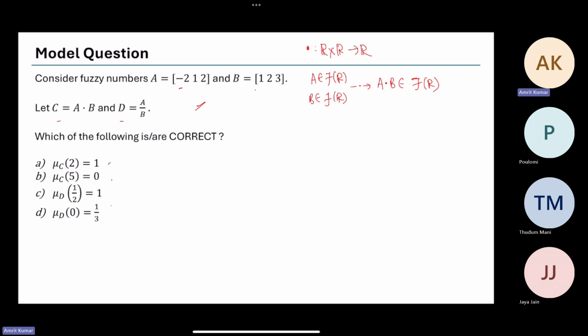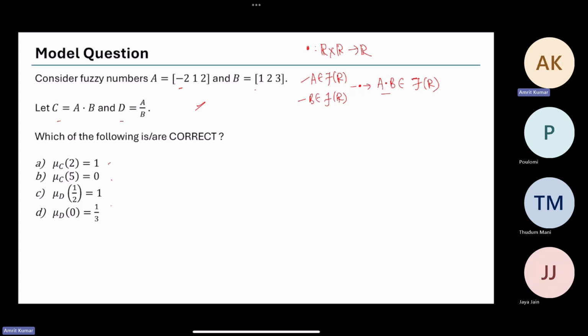I hope I'm clear. Dot is an operation from R cross R to R. And therefore, we want to extend this multiplication operation dot to fuzzy sets over R. That is, if I give you a fuzzy set A over R and a fuzzy set B over R, I want to multiply them and obtain again a fuzzy set over R.